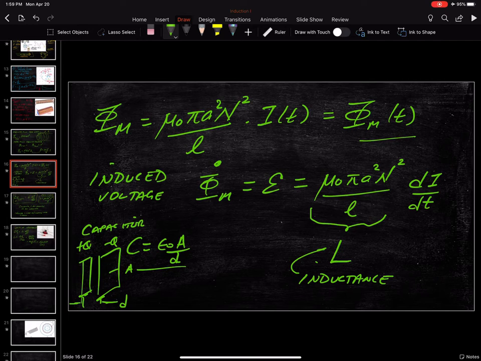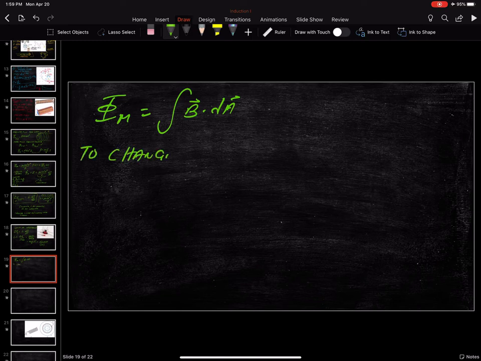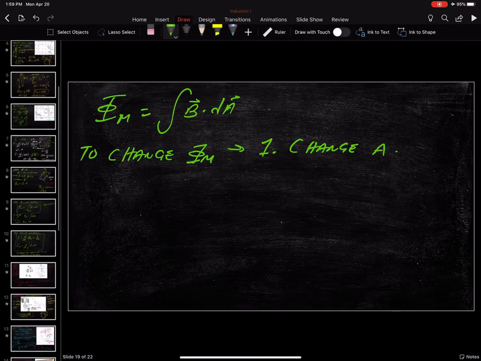And after all, if I go back and think about this, if I know that phi_m is equal to the integral of B dot dA, then phi_m can change in at least three different ways, or any combination of them. To change phi_m, what can you do? One, change A. That's what we did in this very first case.